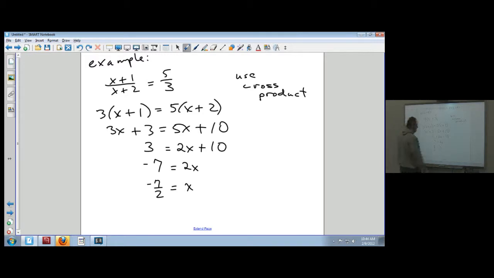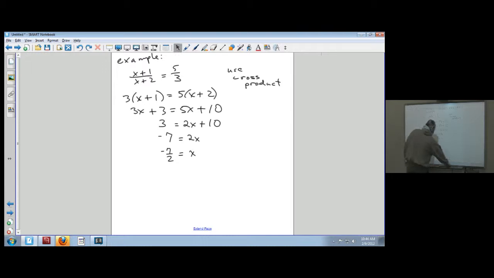Now, it's very easy to check this. We have negative 7 halves plus 1 over negative 7 halves plus 2. Negative 7 halves plus 1 is the same as negative 7 halves plus 2 halves, and negative 7 halves plus 4 halves in our denominator.